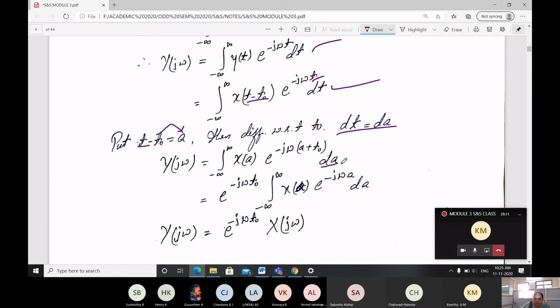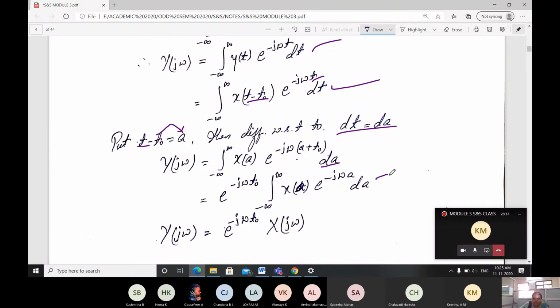The differentiation with respect to a is done, right? Therefore, x of a e raised to minus j omega a, then I can write e raised to minus j omega t naught. This t naught is a constant value, the time shift, so e raised to minus j omega t naught is taken outside. The remaining part is e raised to minus j omega a da.